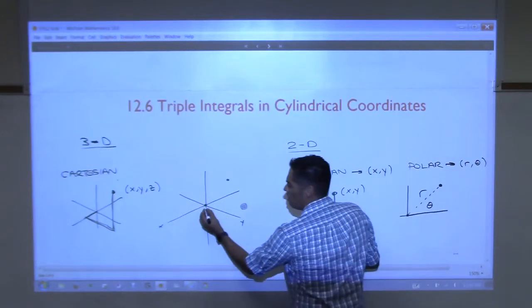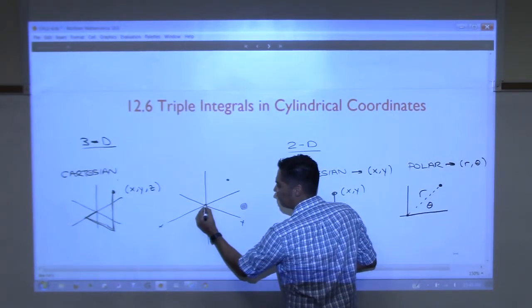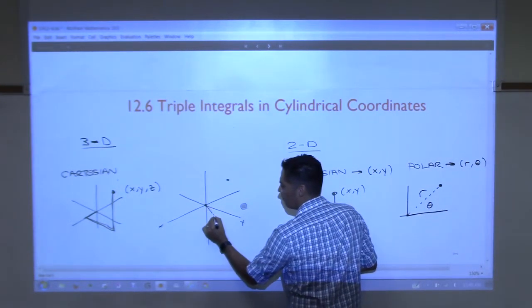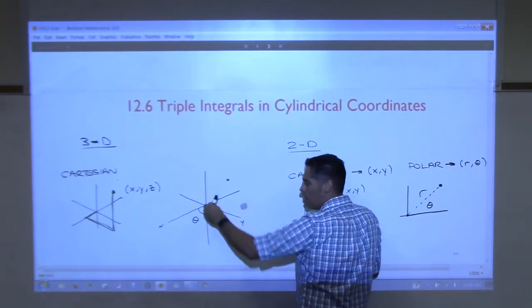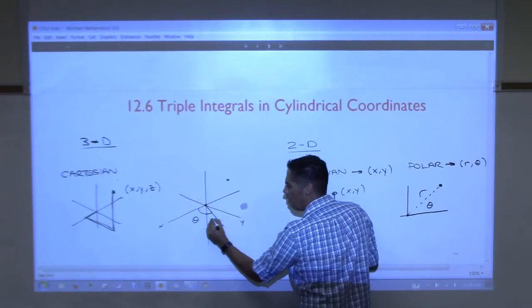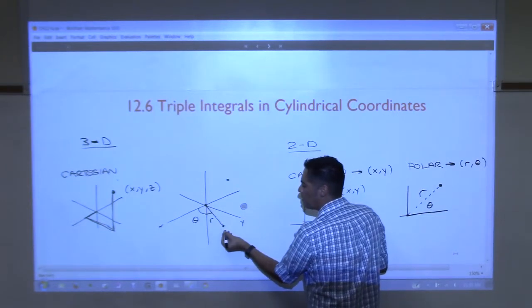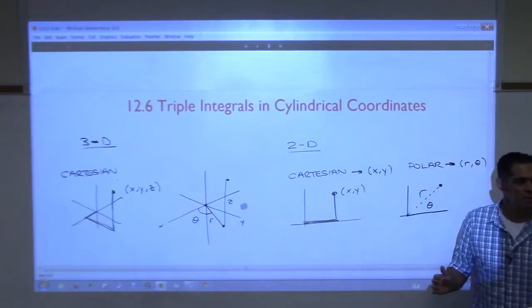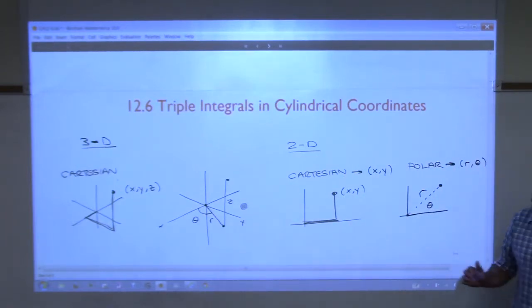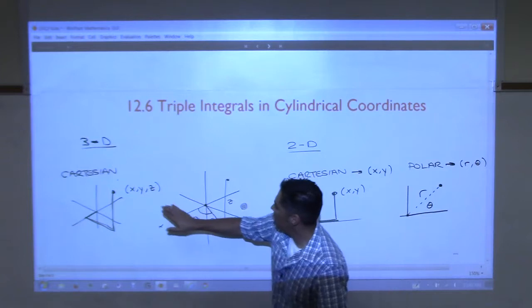I need to know how far to swing out. I need an angle to rotate through, theta. I need to know how far to walk out, r. And then once I get to that point, go straight up and let's just let that be z. So it's just like Cartesian.